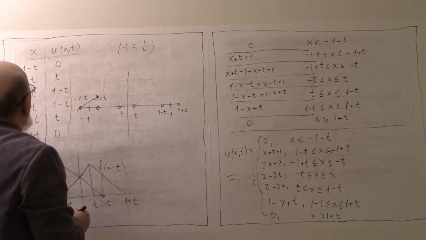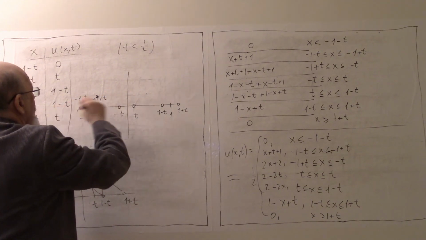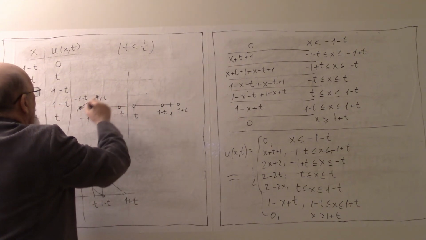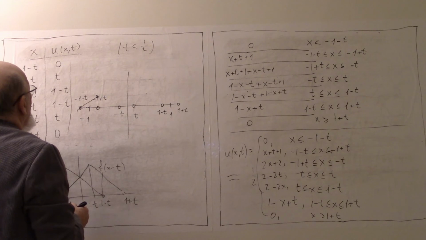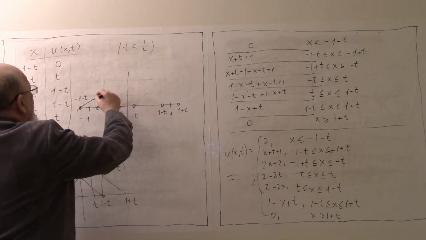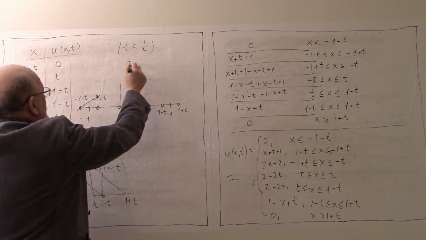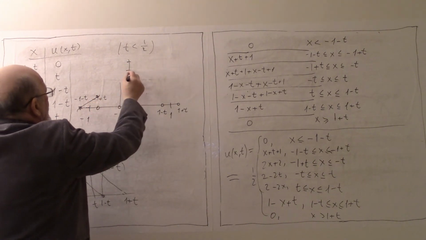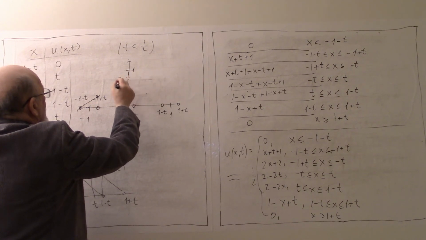Here we have 1 minus t. Just a minute. Yes, it goes this way. This is 1, so this is 1 minus t.